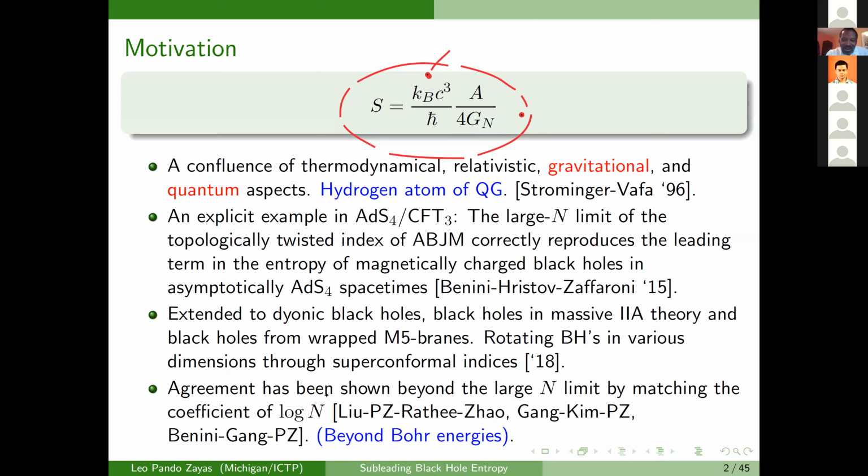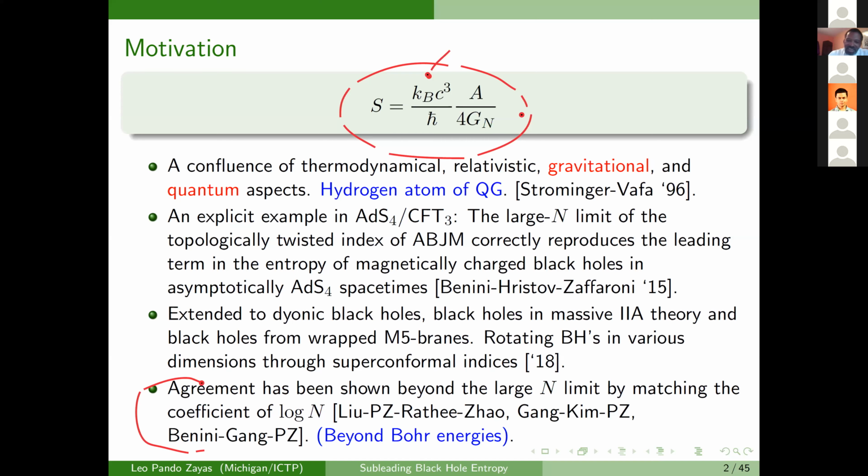And of course, one thing that I would like to focus on in this talk is the point that in some cases, not in many cases, but in some cases, we have been able to find agreement beyond the leading large N term, so beyond the Bekenstein-Hawking term, and more precisely, agreement in some logarithmic corrections.